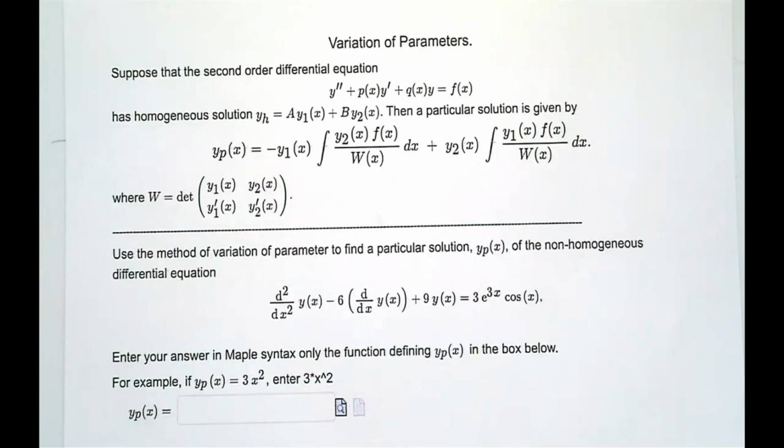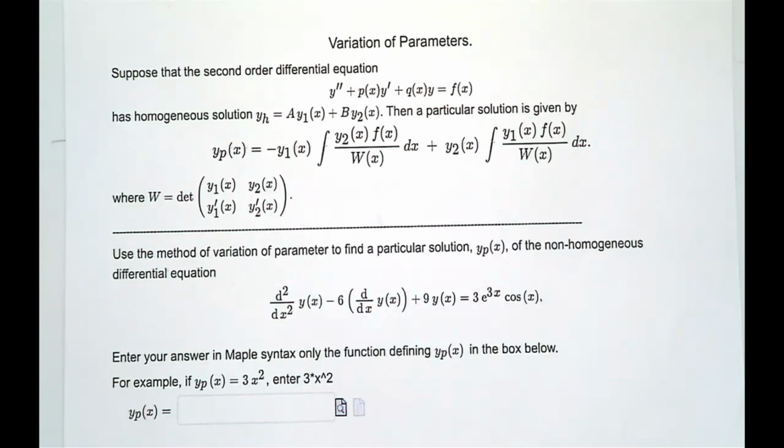So you can see they give you the format for a particular solution, and you're given the Wronskian, and you're given a differential equation. With these ones, the method is usually the same.